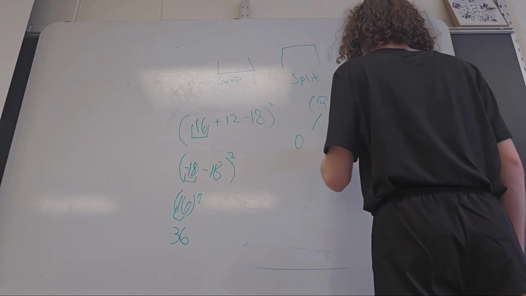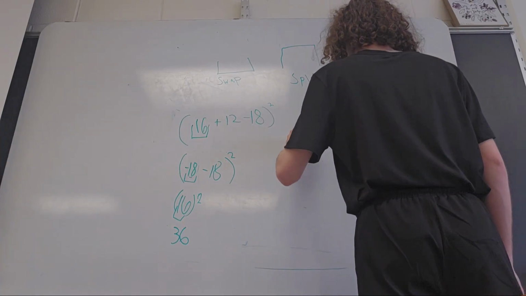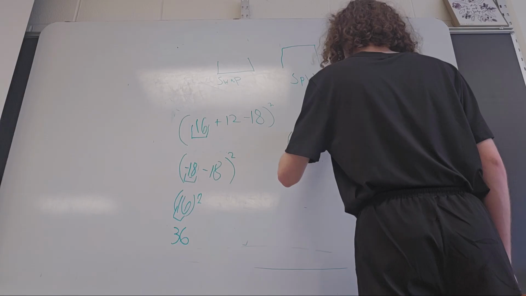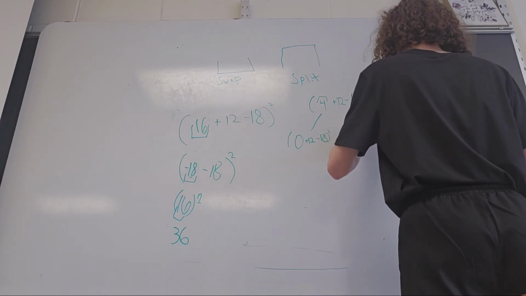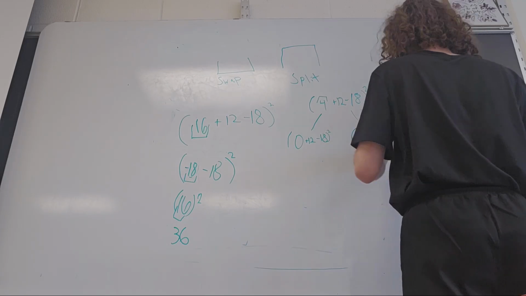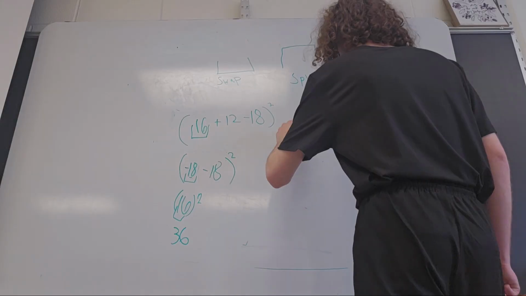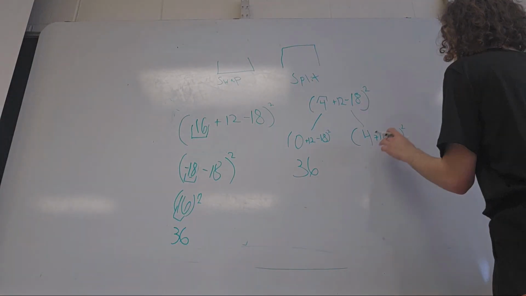It splits into 2. One where the 4 equals 0, and one where the 4 equals 4. So, in this case, this is 36, and this becomes 4 times.